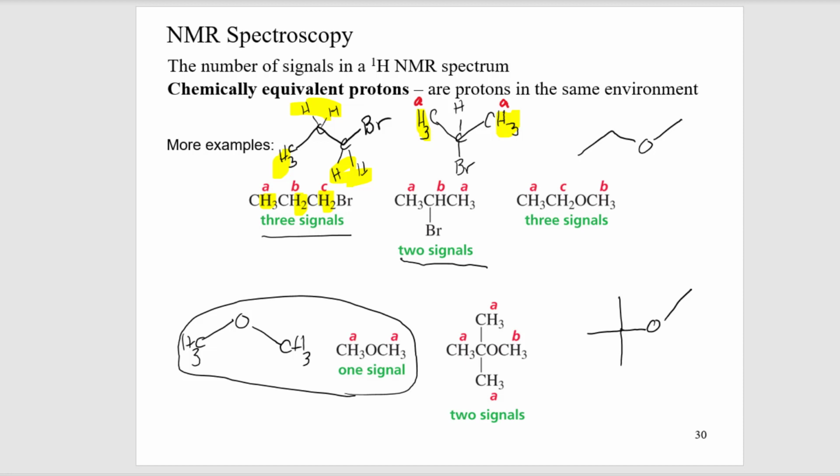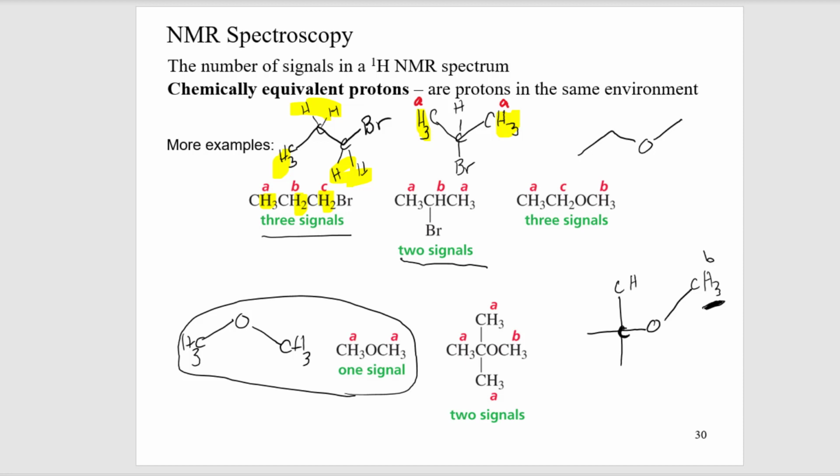You would see a methyl here as its own environment. We'll call it A, or actually we'll call it B, just like before. And then there's a carbon in the middle here, but it doesn't have any hydrogens off of it, so that's fine.